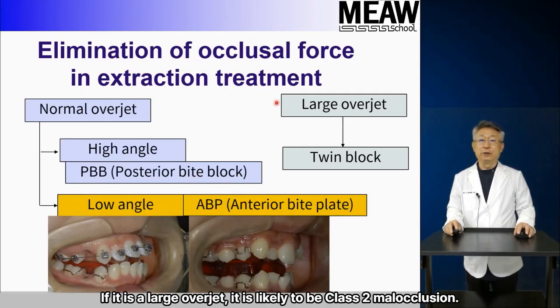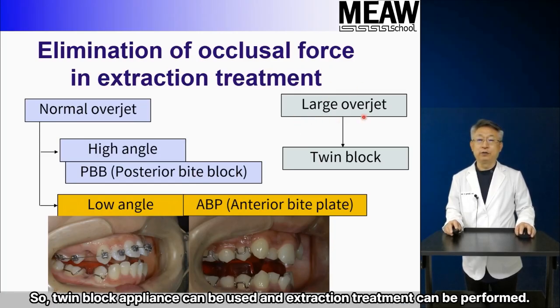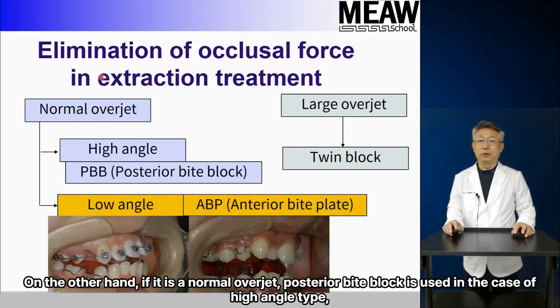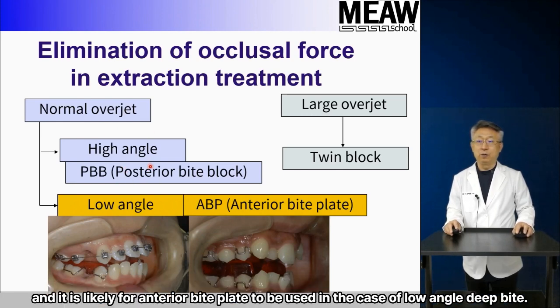If it is a large overjet, it is likely to be Class 2 malocclusion. So, the twin block appliance can be used and extraction treatment can be performed. On the other hand, if it is a normal overjet, the posterior bite block is used in the case of high angle type, and it is likely for the anterior bite plate to be used in the case of low angle deep bite.